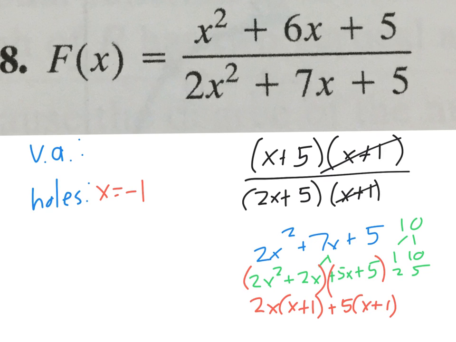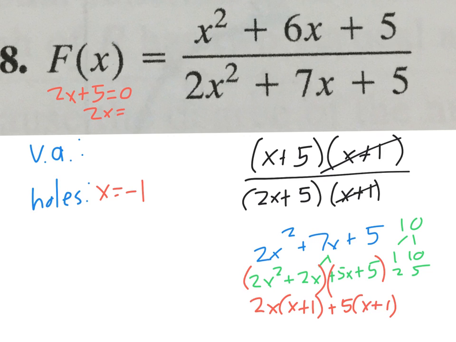Okay, good. Now, is there anything left in the denominator that could give me a problem? There is. 2x plus 5 could be equal to 0. So that would cause a vertical asymptote. So I'm going to say 2x plus 5 equals 0.